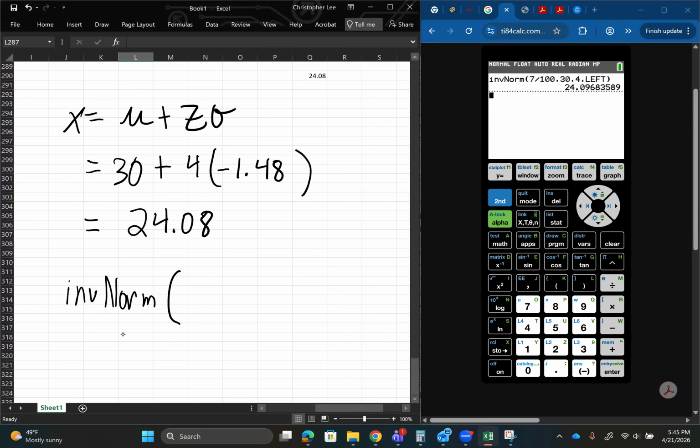So the first thing you're going to do is you want your area, then you want your mean, and then you want your standard deviation sigma.